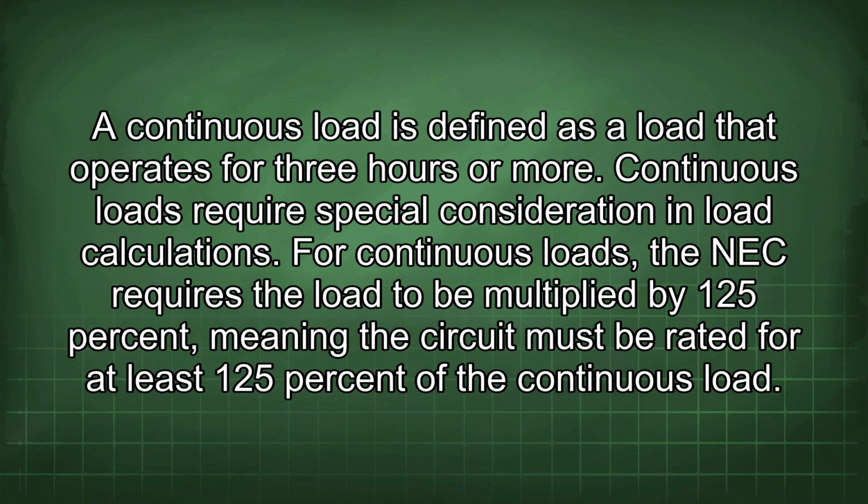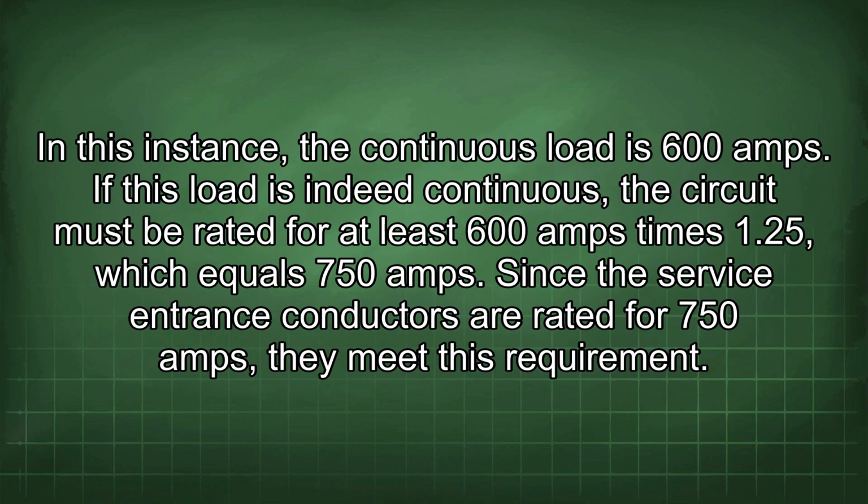A continuous load is defined as a load that operates for 3 hours or more. Continuous loads require special consideration in load calculations. For continuous loads, the NEC requires the load to be multiplied by 125%, meaning the circuit must be rated for at least 125% of the continuous load. In this instance, the continuous load is 600 amps.